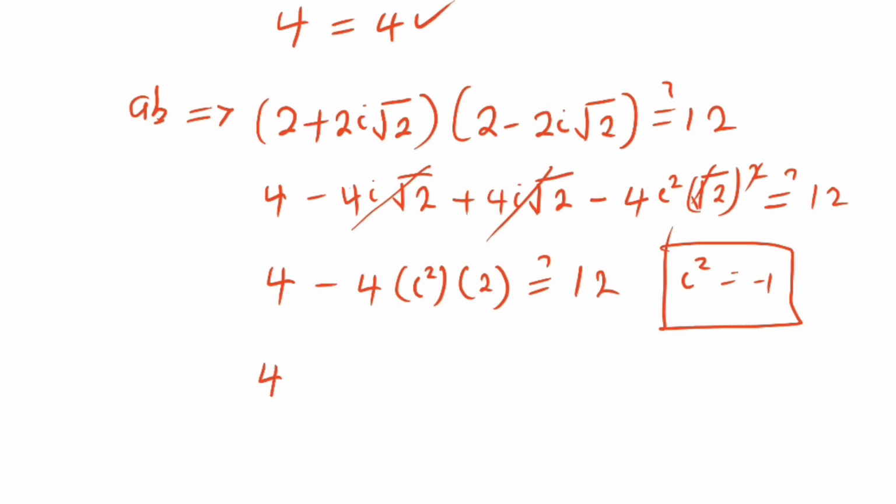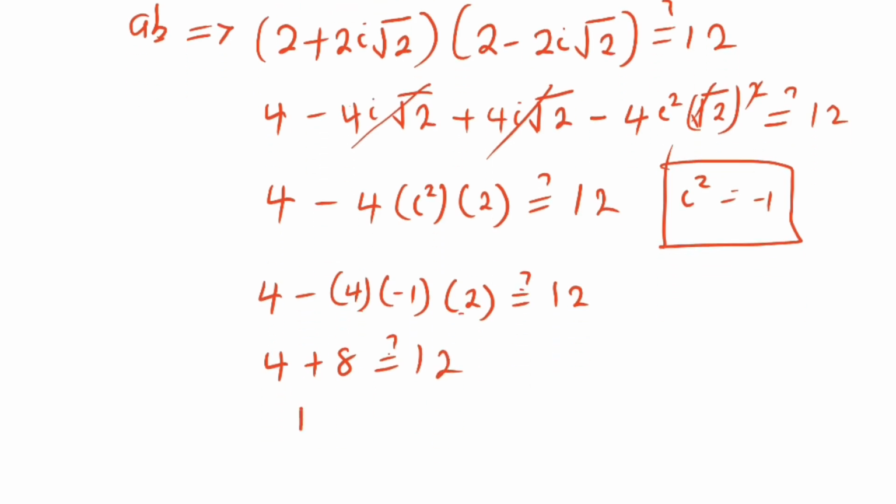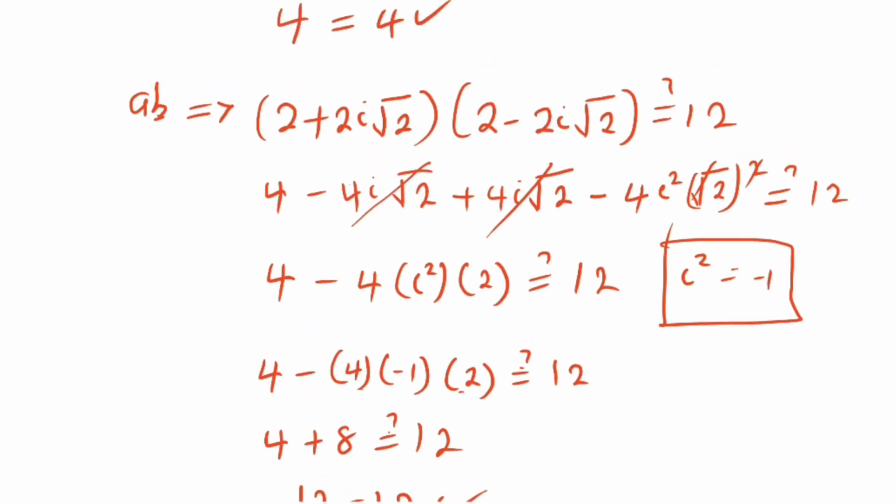Then this is 4 minus 4 multiplied by minus 1 multiplied by 2 must be equal to 12. This is 4 plus 4 times 2, 8, must be equal to 12. 4 plus 8, this is 12, is equal to 12, which is true.